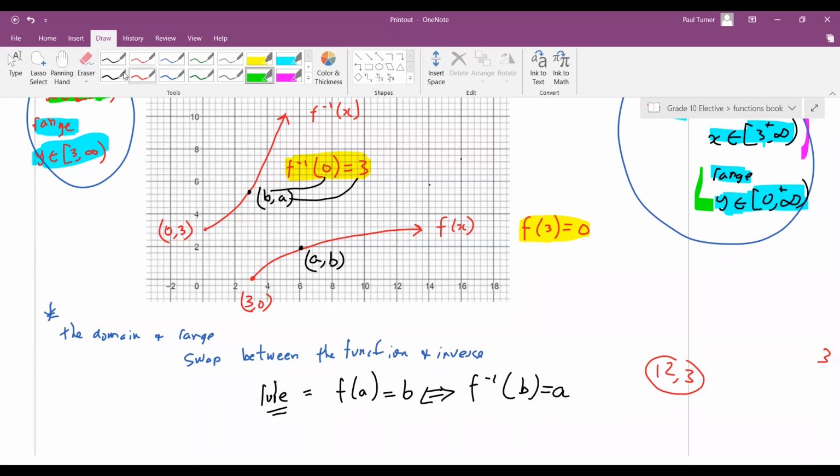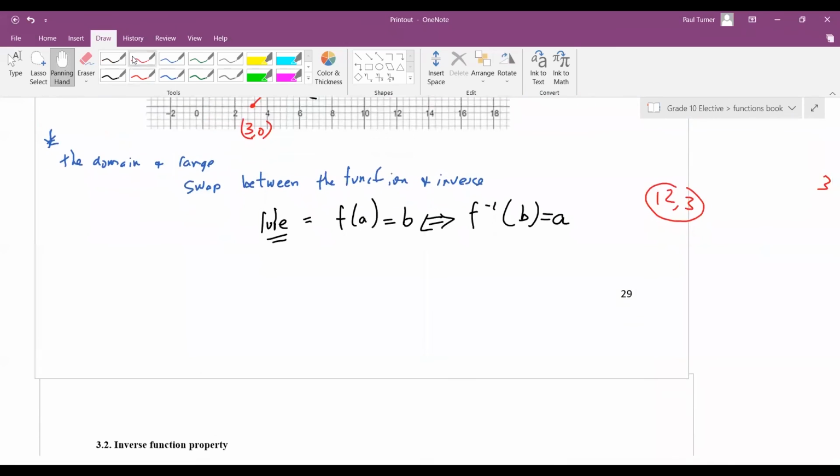So if I said, for example, f(-3) equals 6, what can you say about the inverse? What would you write here and here then? Anyone? What do you think? So if you put minus 3 into your function, you get 6 as the answer.